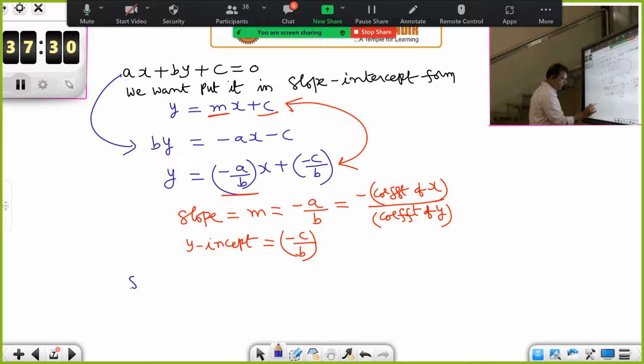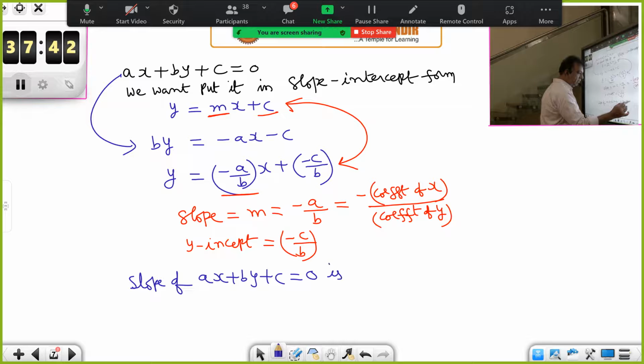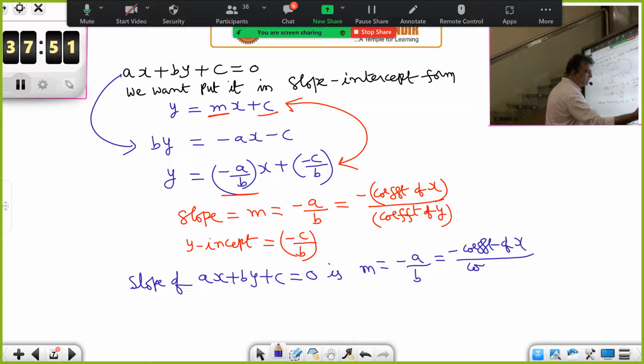The slope of the line ax plus by plus c is equal to 0 is m is equal to minus a by b. That is minus of coefficient of x divided by coefficient of y.